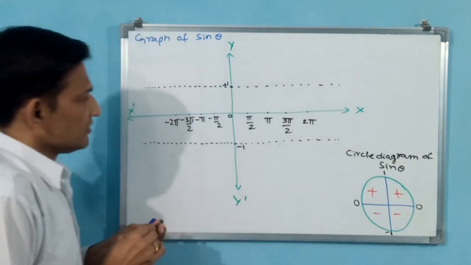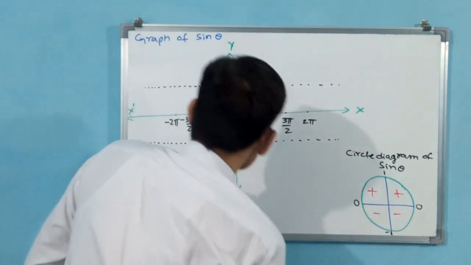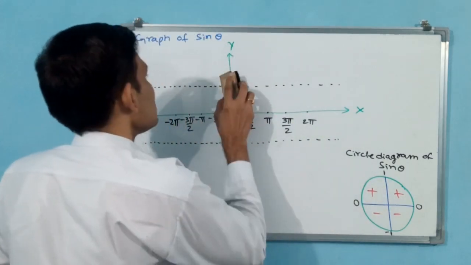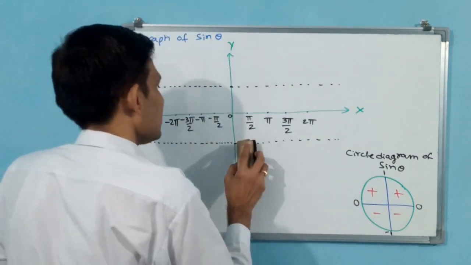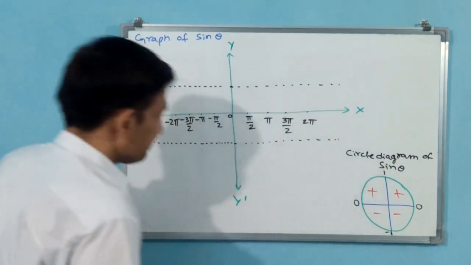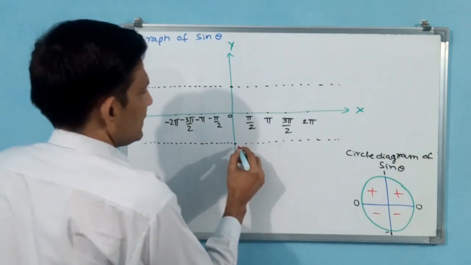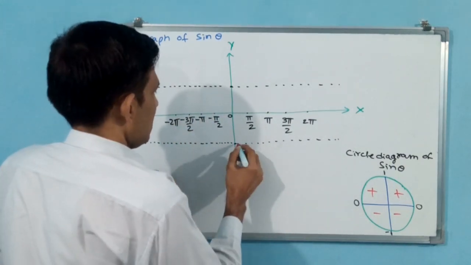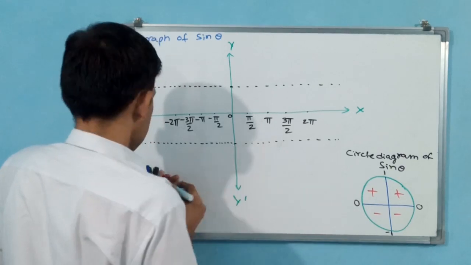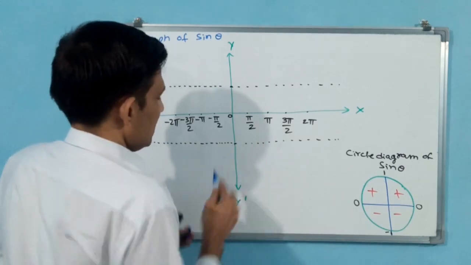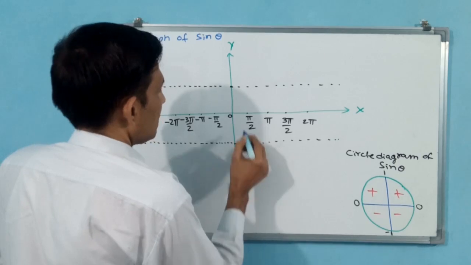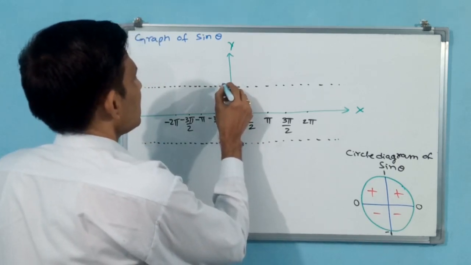These dotted lines at -1 and +1 I am putting in a different color. This is -1, this is +1.